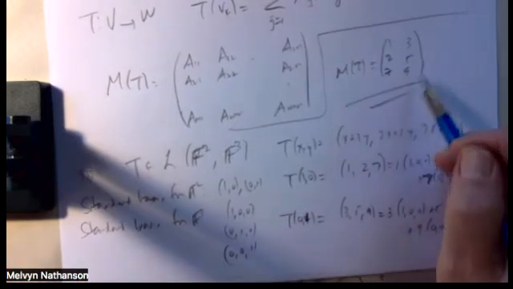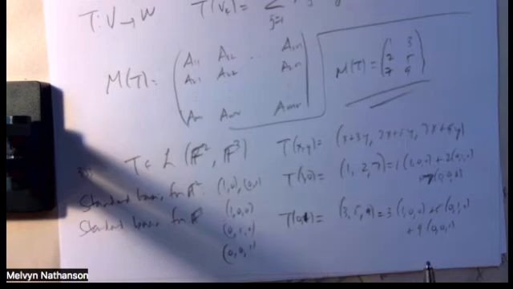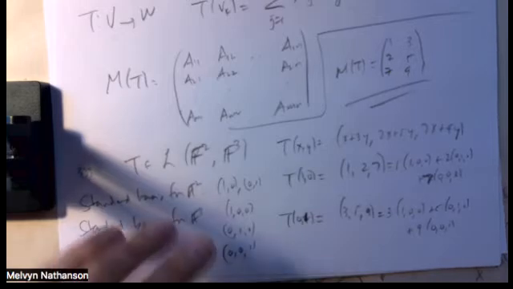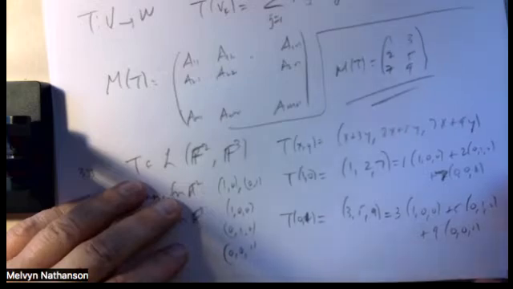So this is the matrix for this linear map. Any questions about this? Okay.